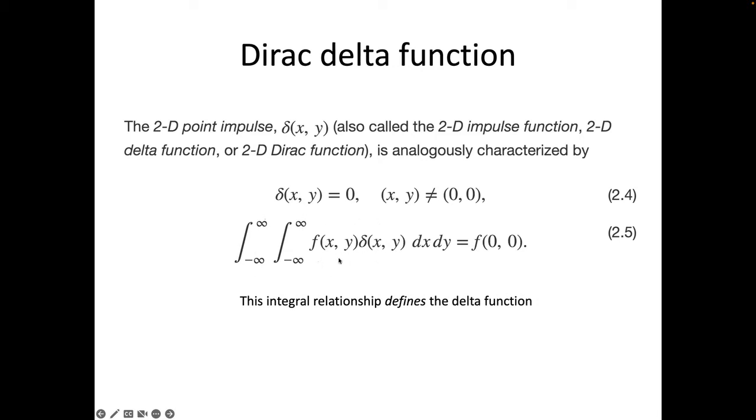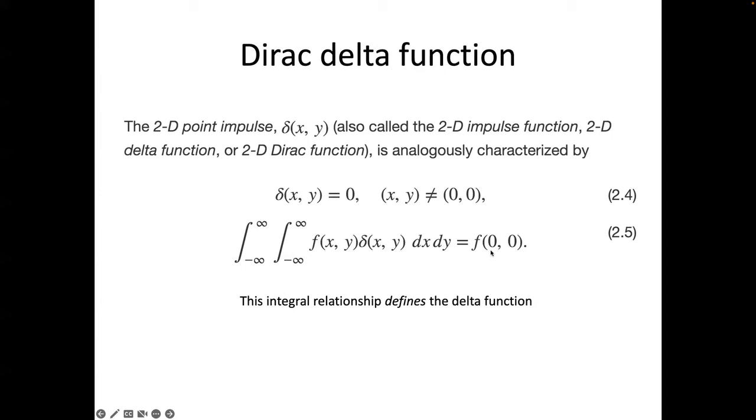If I have any function in the plane, f(x,y), some kind of cake function sitting there, and I multiply that function at each point by the delta function and integrate over the plane, what comes out is the value of f(x,y) at the origin.